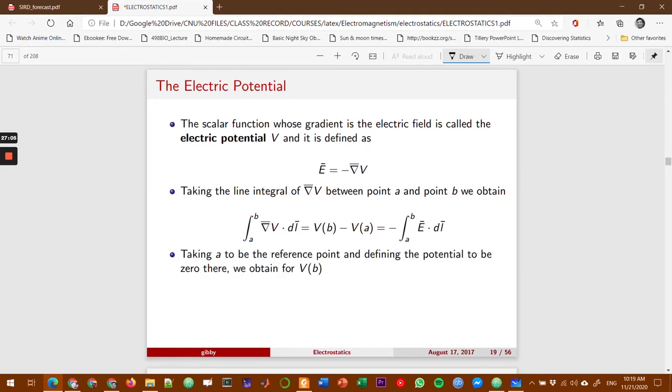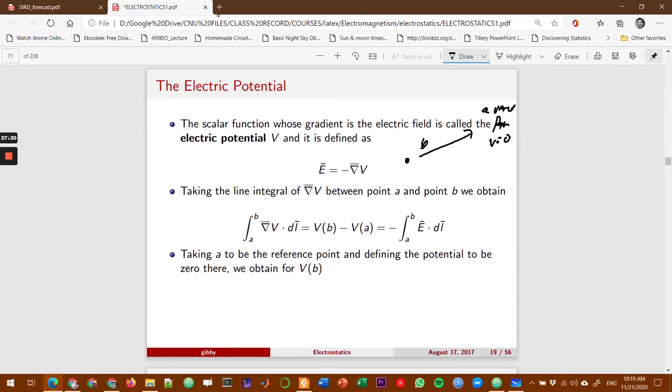So taking A to be the reference point and defining the potential to be 0 there. Let's say the reference point is zero because the reference point would be at infinity. So if you have the source, this is B, and the reference point is A, very far. So the potential there is 0.